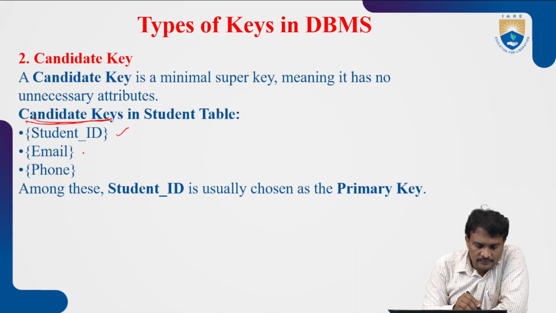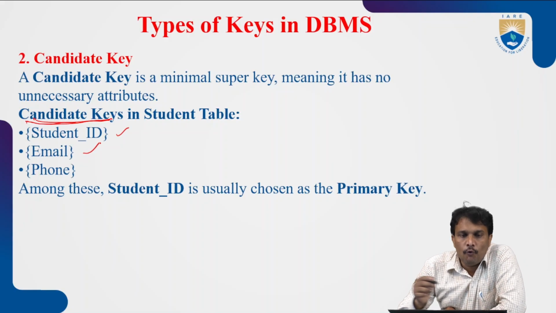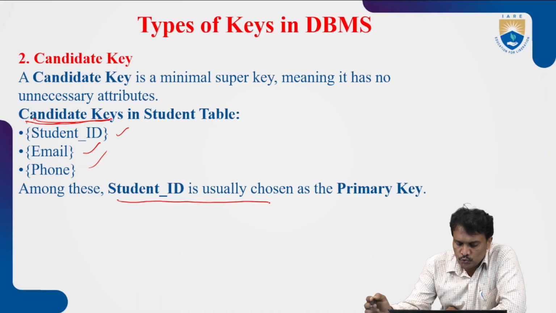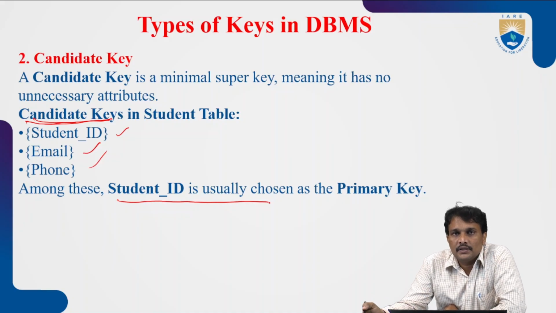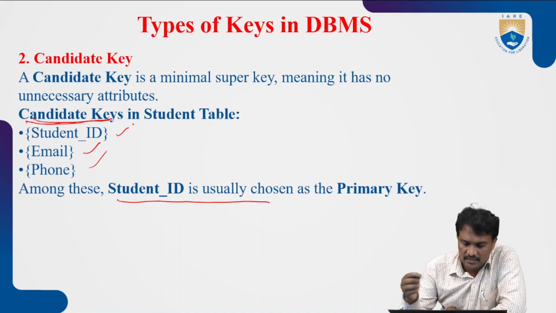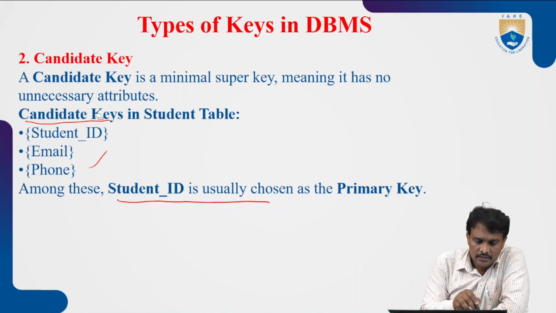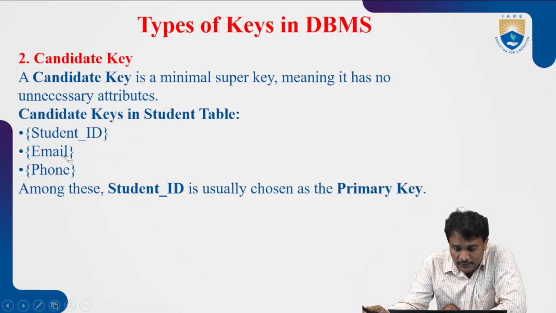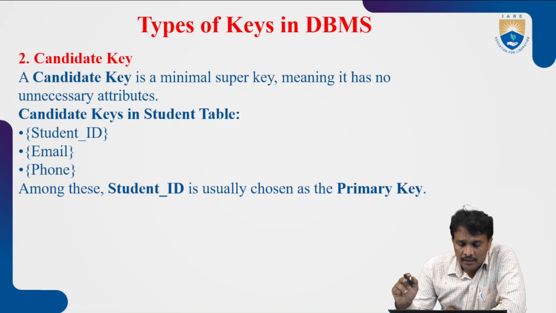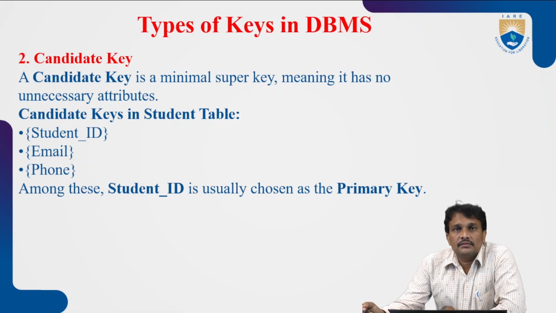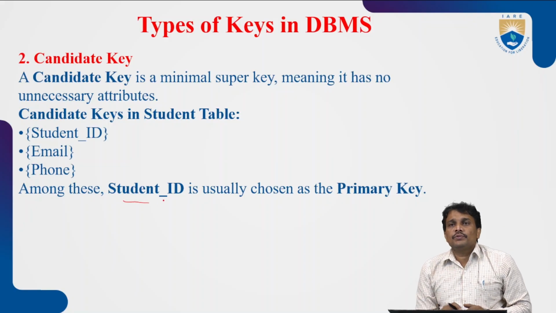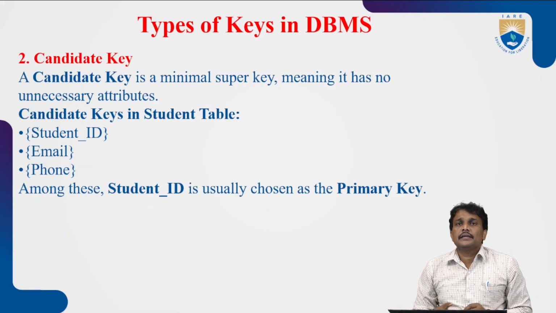Email is a candidate key. Phone number is a candidate key. Among these, student ID is chosen as the primary key. So these three attributes are minimal super keys, and student ID is usually chosen as the primary key.